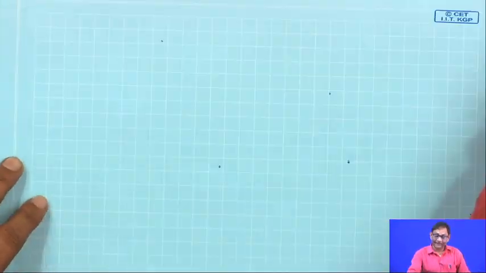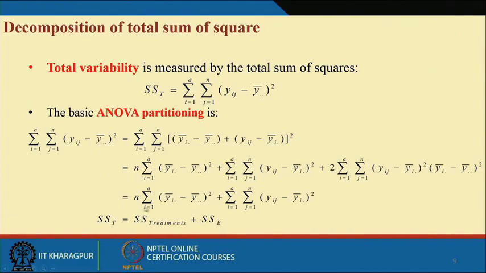What will happen if you expand this? Now, see the slides and what I have written here. When you take the double sum, the left-hand side becomes n times the sum over i equal to 1 to a of (y_i dot bar minus y double dot bar) squared, plus this double sum.